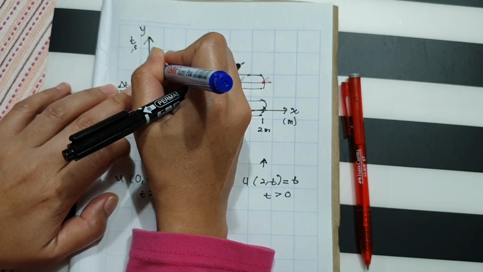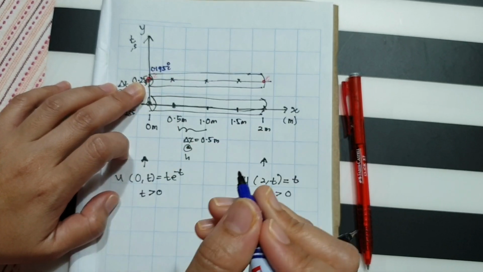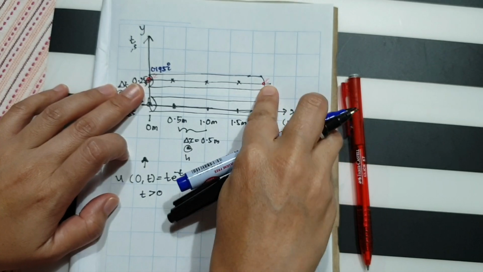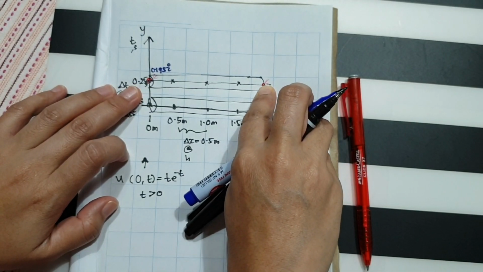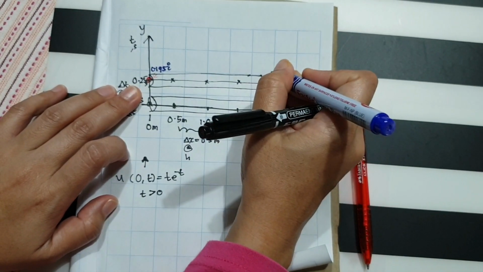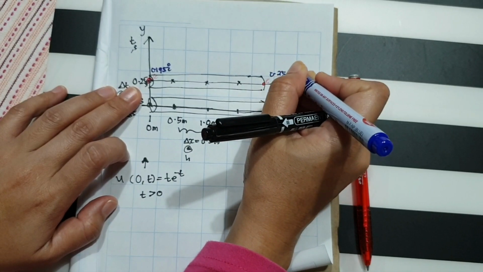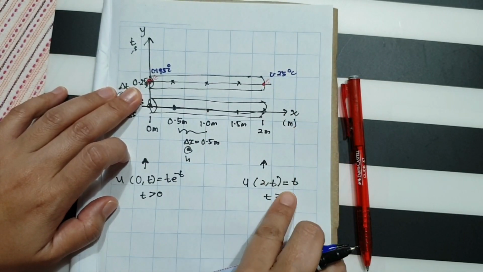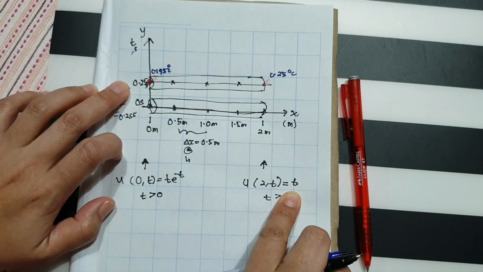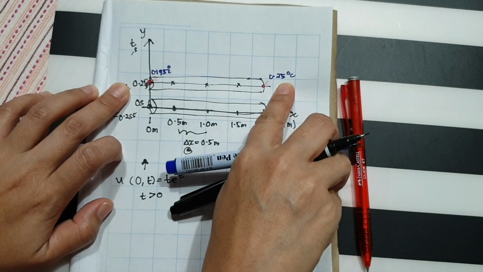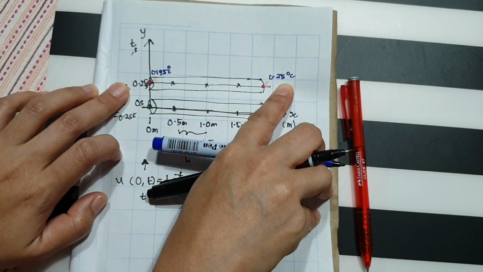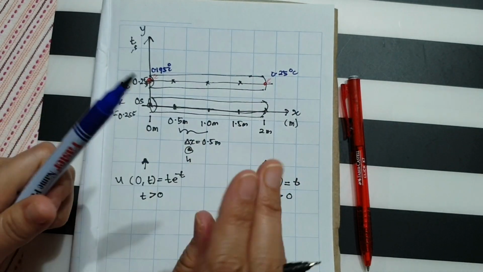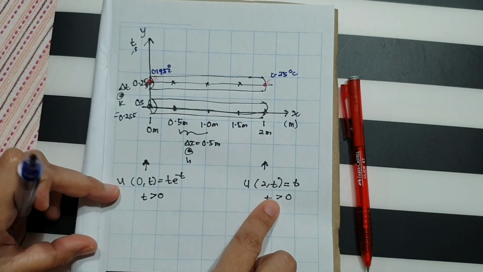This is in degrees Celsius. Also for the boundary condition over here, the value of the heat will be 0.25 degrees Celsius because the value is equal to t, and t is 0.25. Alright, now you have done the boundary condition.